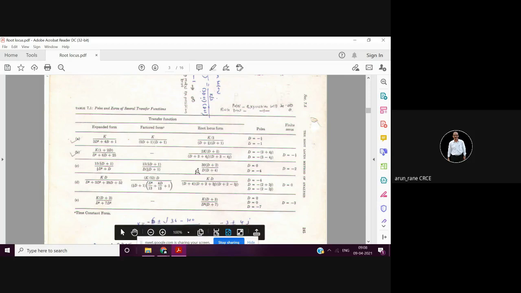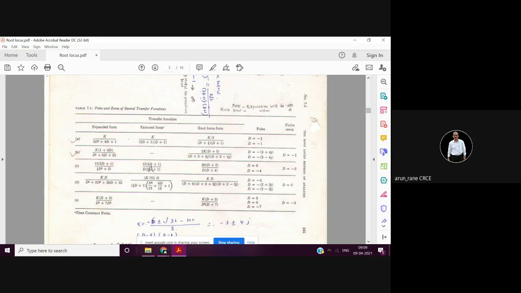So here, now, poles and zeros we are talking about. Poles means the expression will be infinity, and a finite zero means the expression will be zero. Like here, this is 15 into half of d plus 1, this is what they have given.